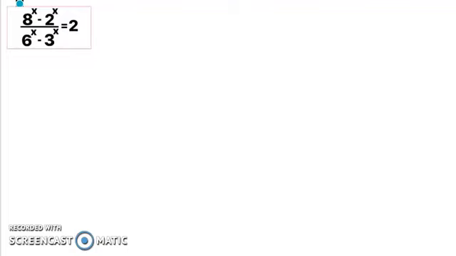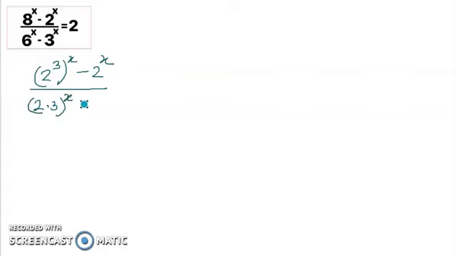So we can write 8^x as (2^3)^x, that is 8 whole raised to power x, minus 2^x, and in the denominator 2 times 3, that is 6^x, minus 3^x, equal to 2.